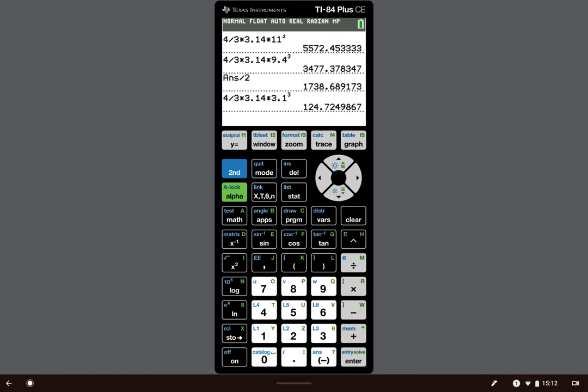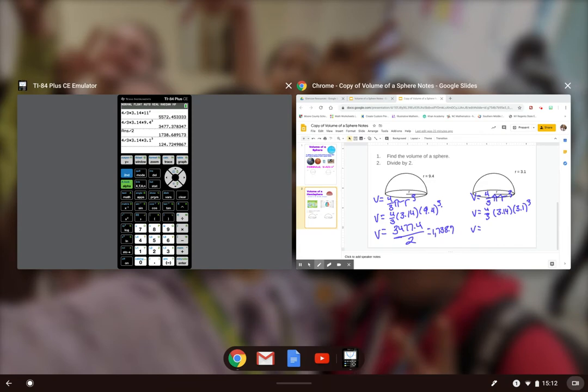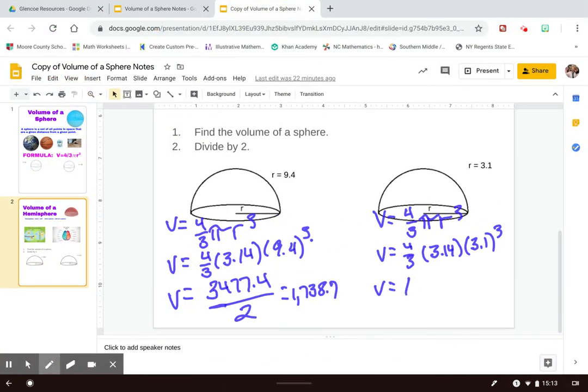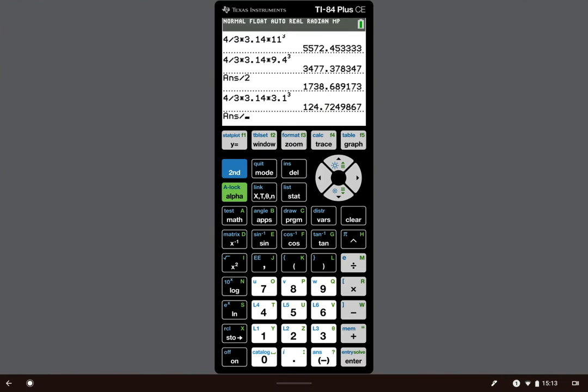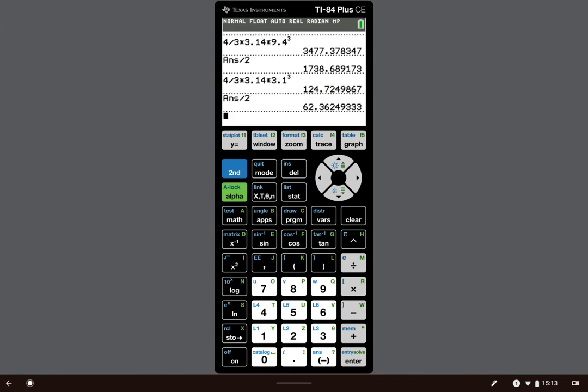That gives me 124.724987, so 124.7. Then it's a hemisphere, so half of that sphere, divided by 2. That gives you 62.4.